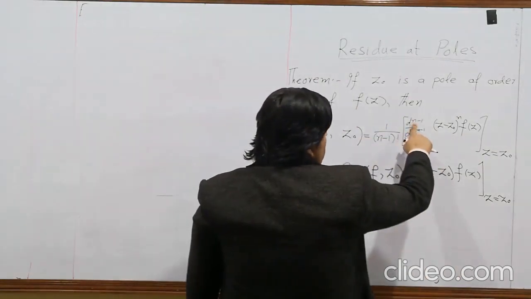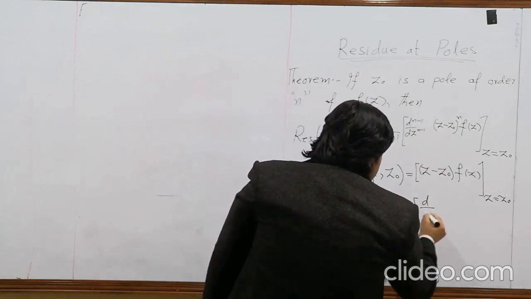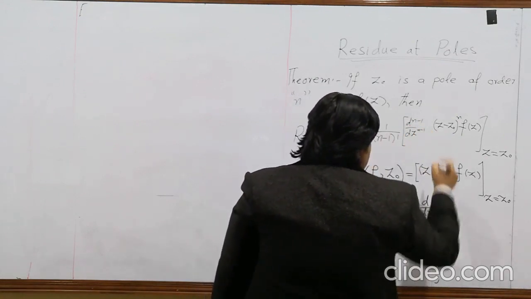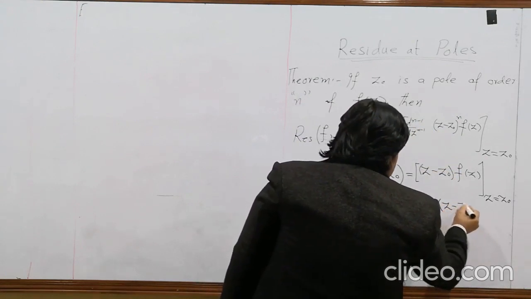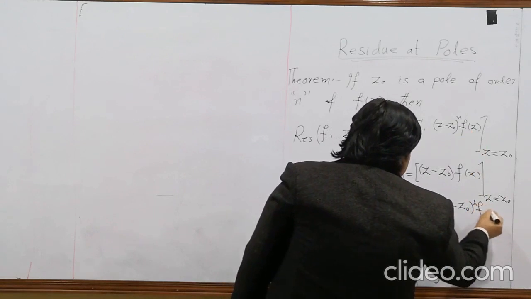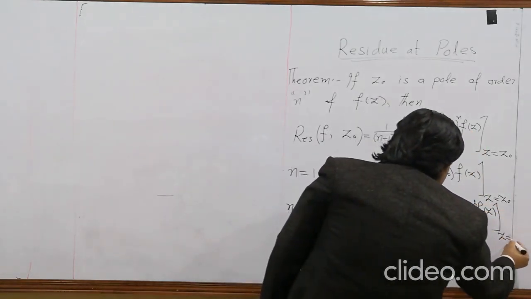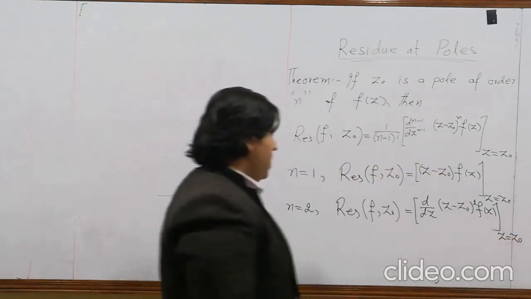If I put 2 here, 2 minus 1 is 1. So I will get d by dz of z minus z naught, with power 2 here, times f of z, and at the end we have to put z is equal to z naught.